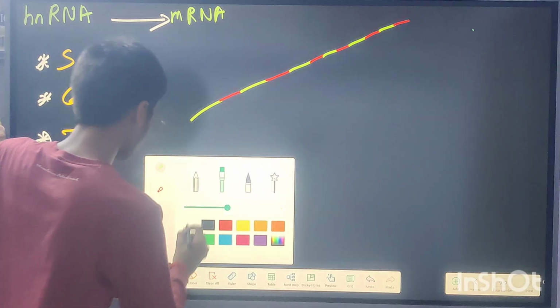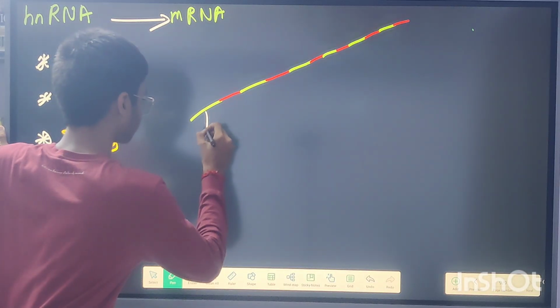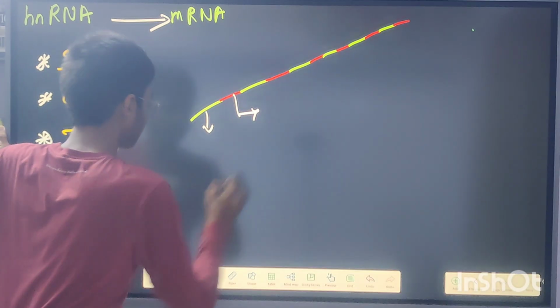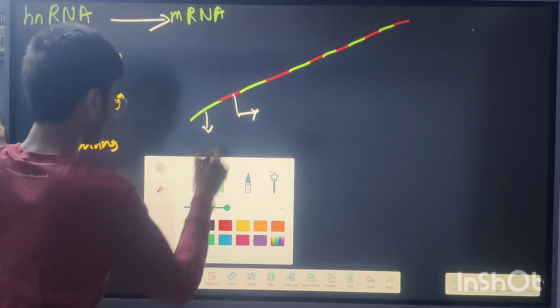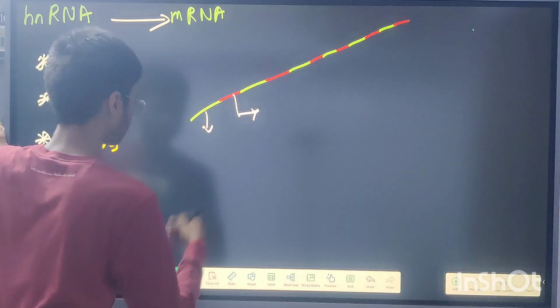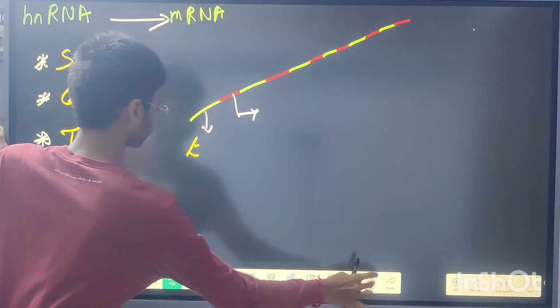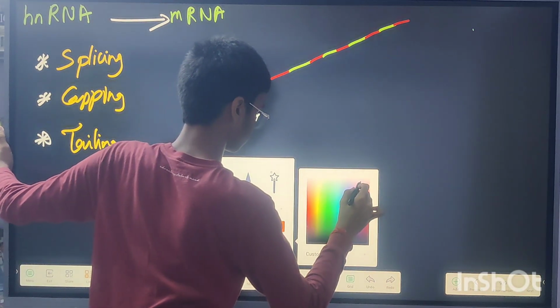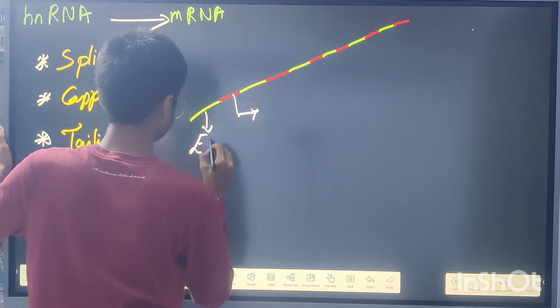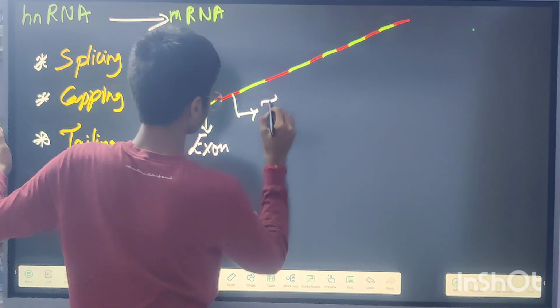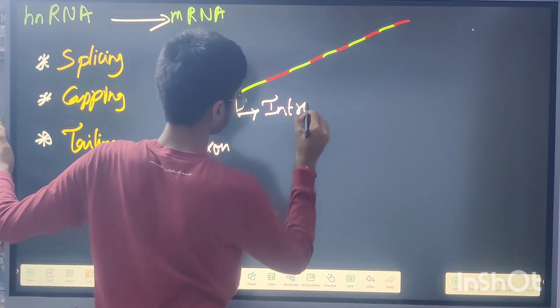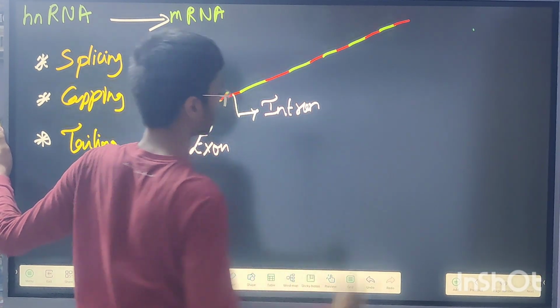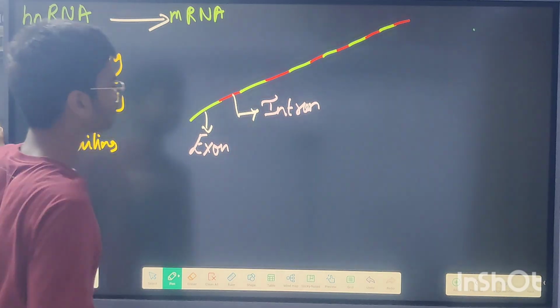In this, the lightly arranged part is the expressed sequence. This is the exon. And this is the intron.